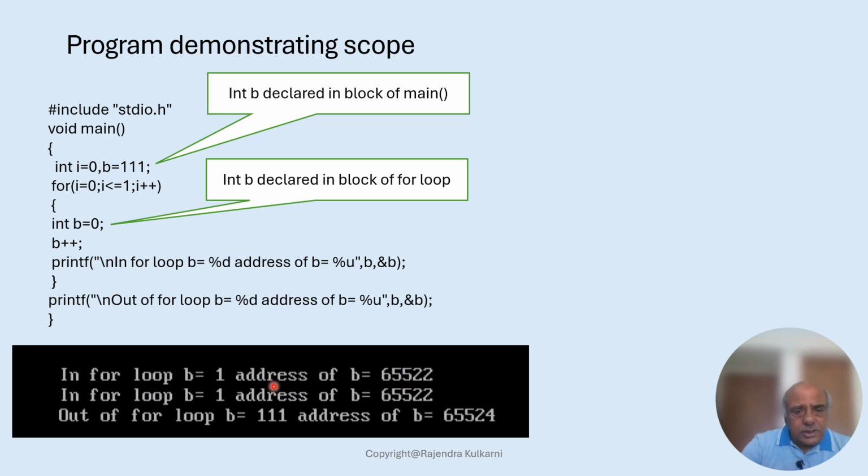So what we see here is there are two variables named b. One is local to the for loop and one is available in main.